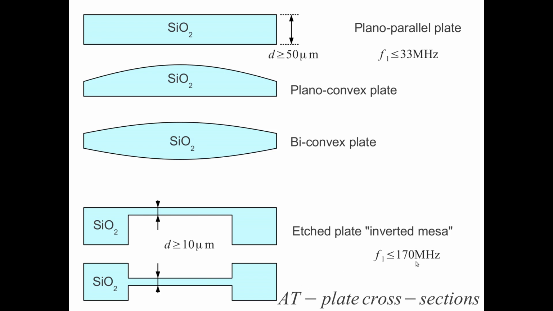Here we can reach 170 megahertz for the fundamental resonance, and of course higher resonances for the overtones, but only few companies are able to manufacture such quartz plates at this higher frequency. So if we need a higher fundamental frequency, then we can go to an etched quartz plate, or in other words, we can also go to other resonators. We will see this later on in this lecture.